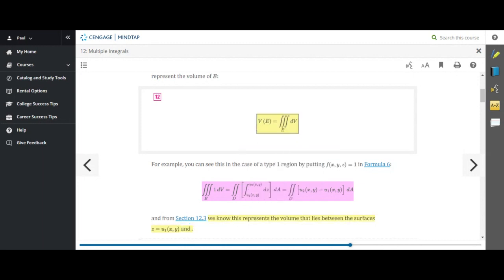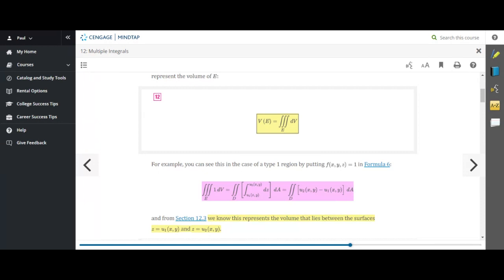I'll use yellow. So we know this represents the volume that lies between two surfaces. So it's really quite fascinating what you can do with triple integrals.